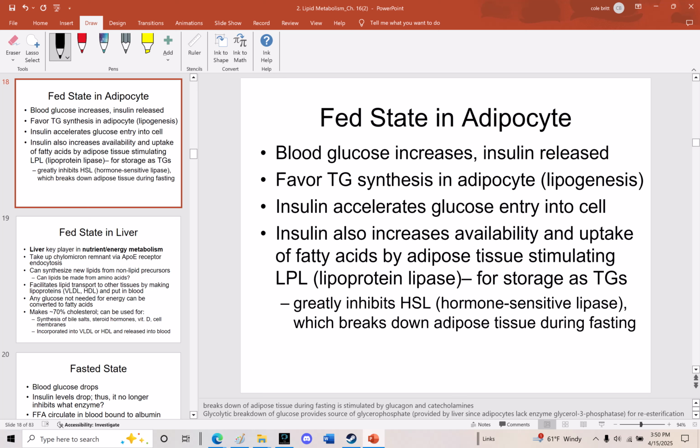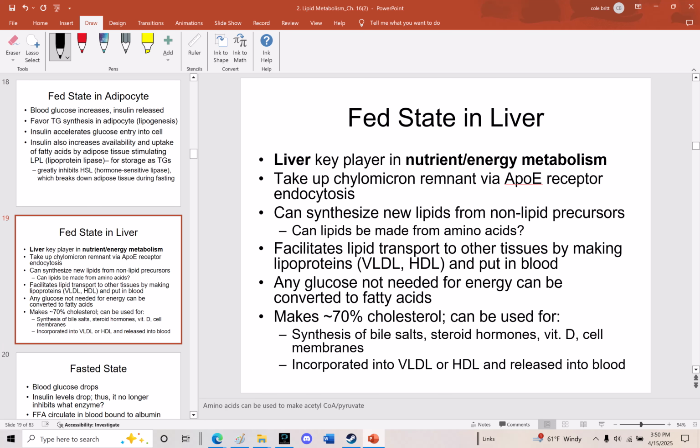When the chylomicron has delivered its great stuff, its nutrients, its triglycerides to all of those tissues, it's going to become a remnant. And it's going to be endocytosed into the liver. So that's what's going to happen to the rest of the chylomicron. It's delivered all its packages of triglycerides to all of the adipocytes.